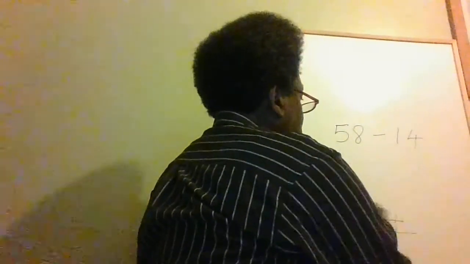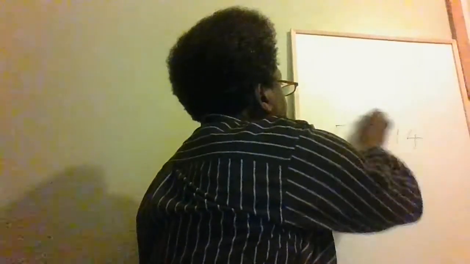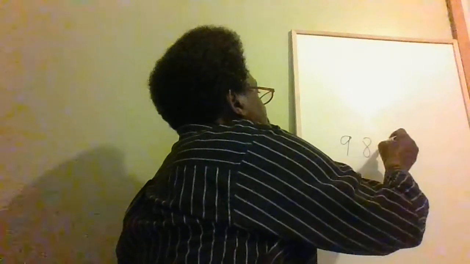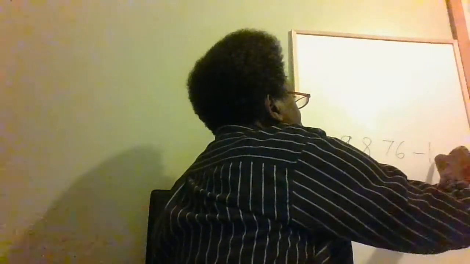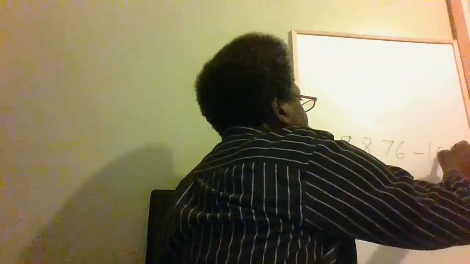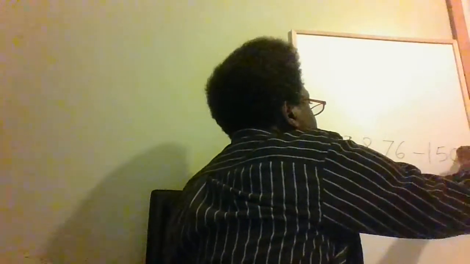Another example. What if you're given 9,876 take away 1,502?